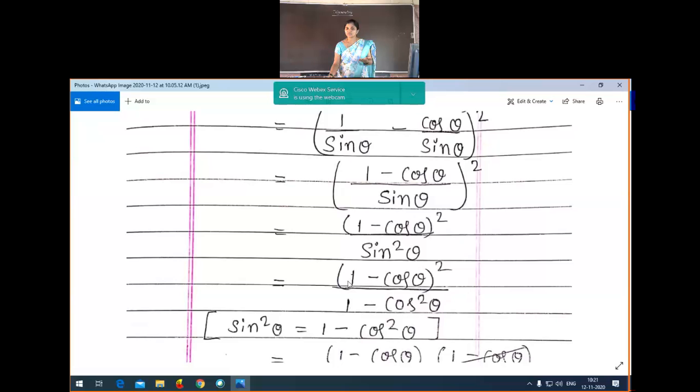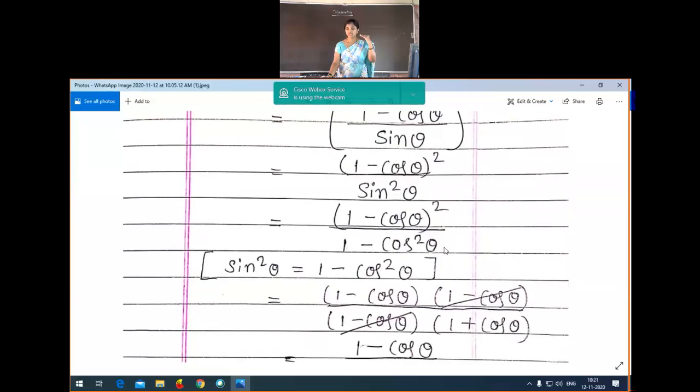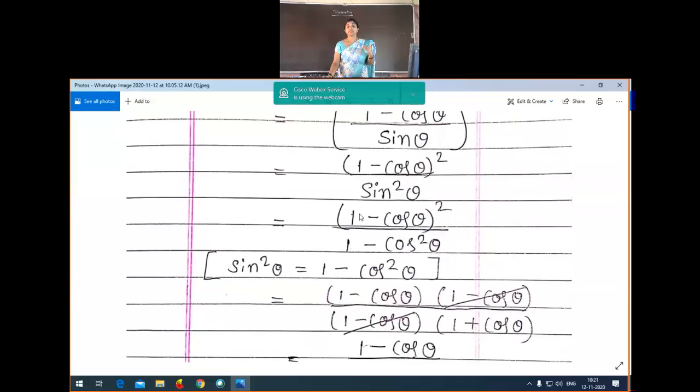Now just observe the numerator 1 minus cos theta whole square divided by the denominator 1 minus cos square theta, somehow matching. Which is equal to, next, 1 minus cos theta whole square. Don't apply the identity (a minus b) whole square. 1 minus cos theta whole square means 1 minus cos theta into 1 minus cos theta, the same expression twice, divided by 1 minus cos square theta.